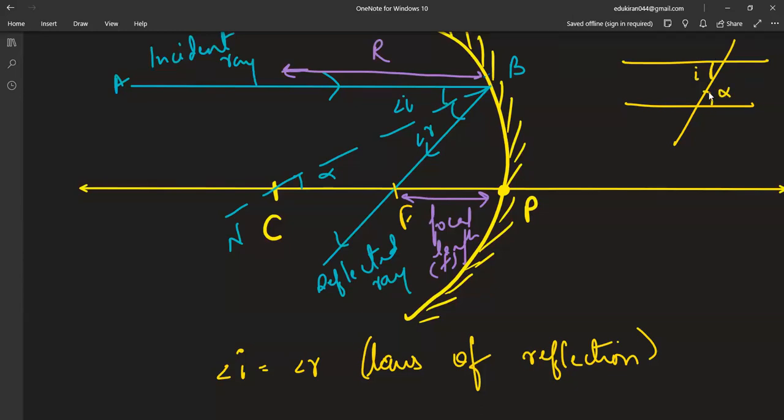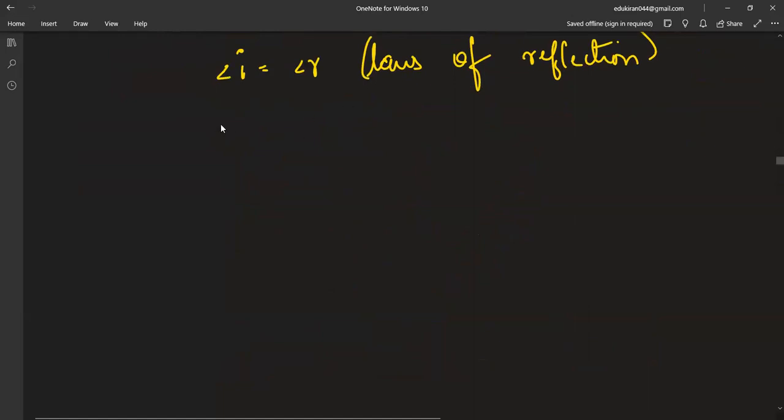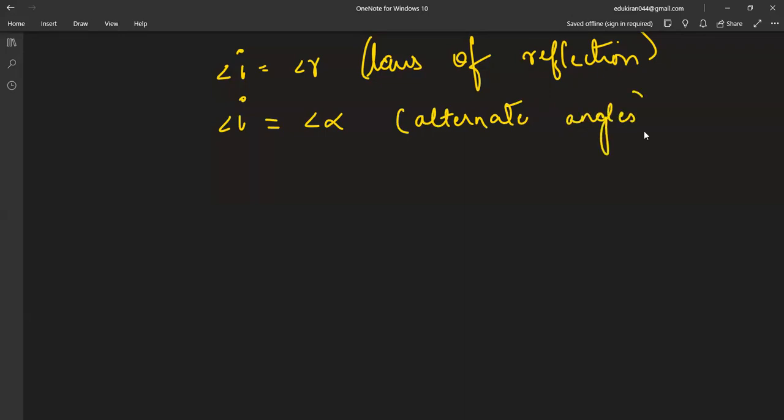So both of these are alternate angles. So the angle of incidence is equal to alpha. The reason is that they are alternate angles.